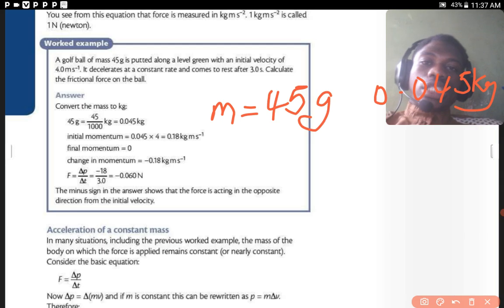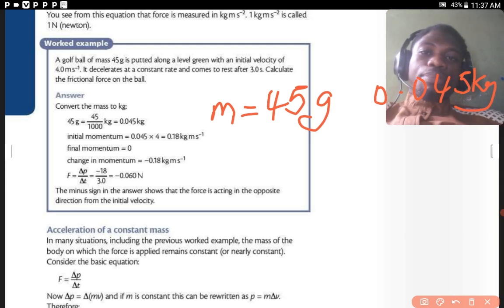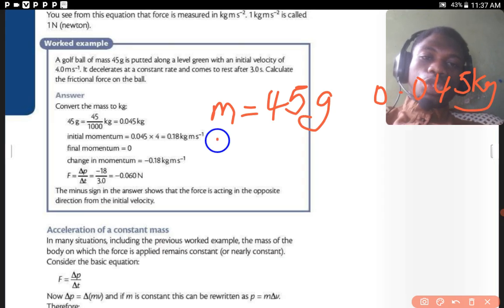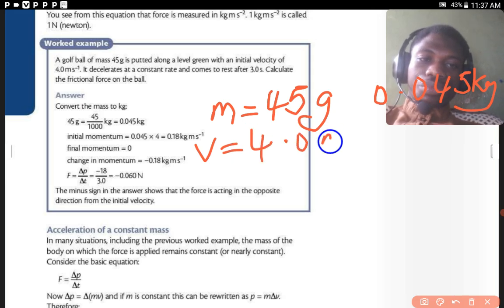Now, it is putted along a level green with an initial velocity u of 4.0 meters per second.